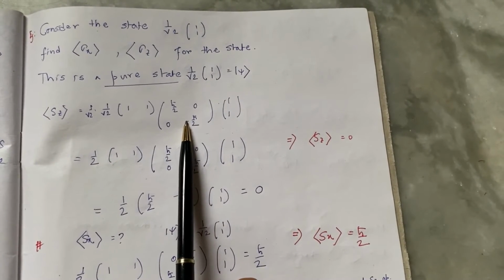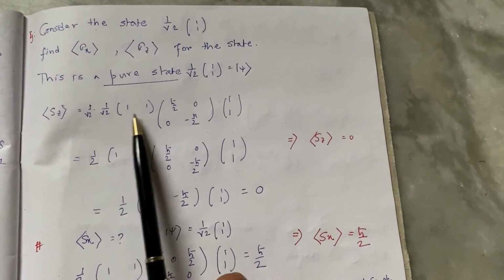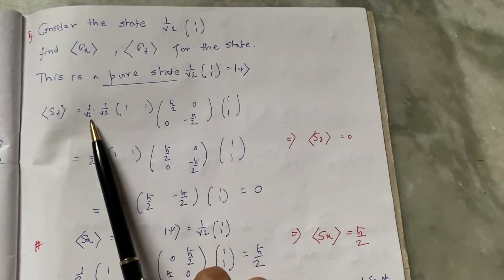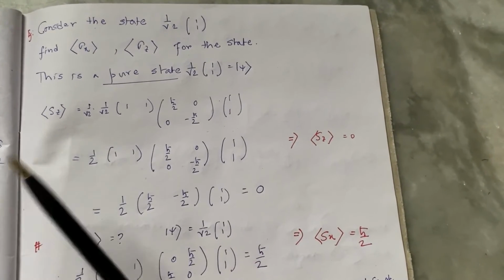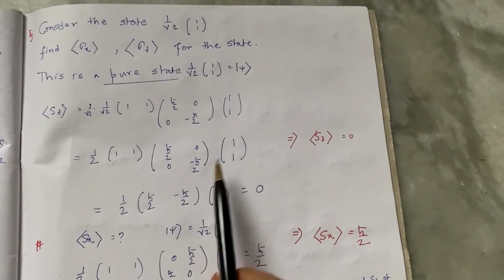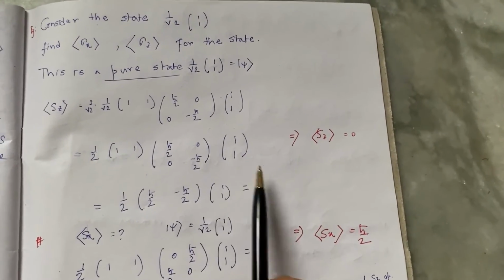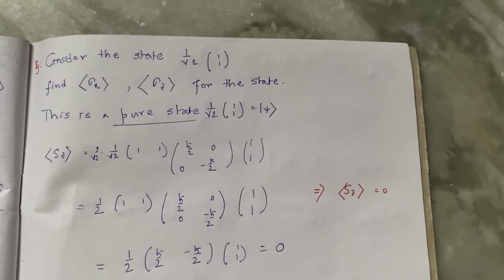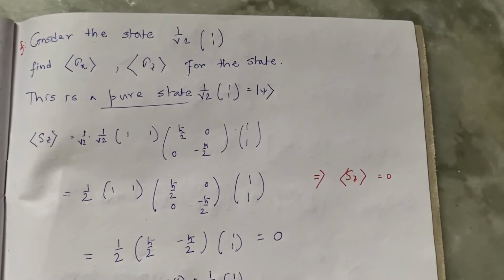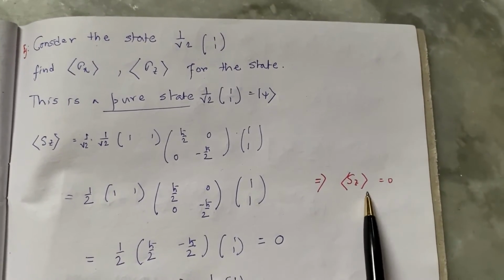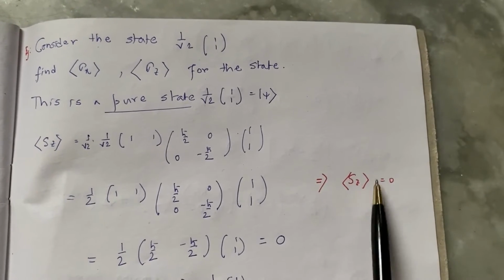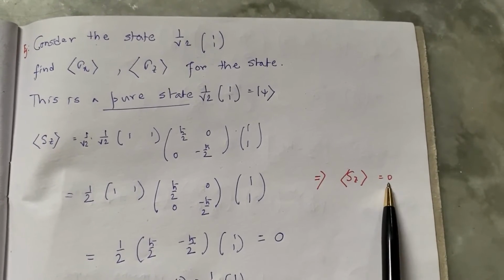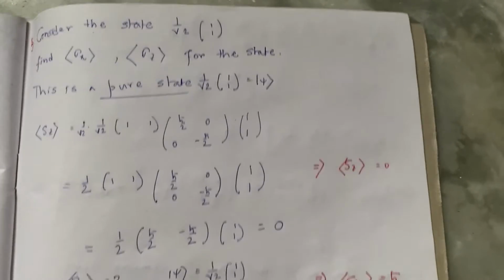This is my spin matrix. This is the state. This 1 by root 2 is because of this. So if I do the simple matrix calculation, we can readily see that Sz is equal to 0. I mean the expectation value of Sz is equal to 0, and that's quite obvious.